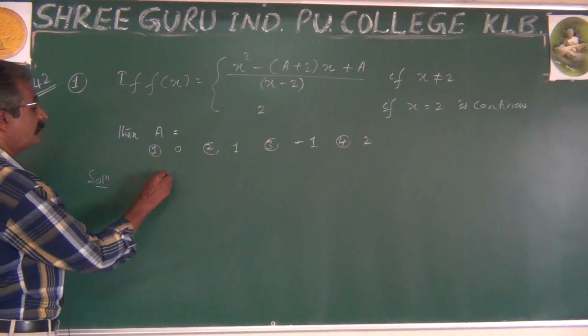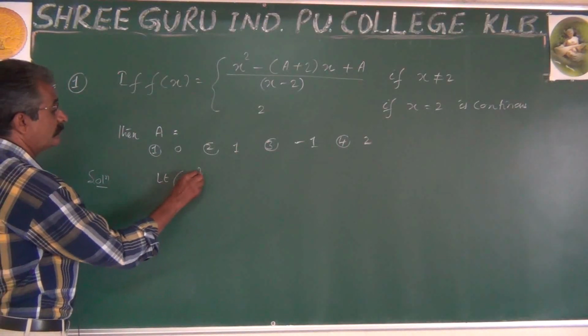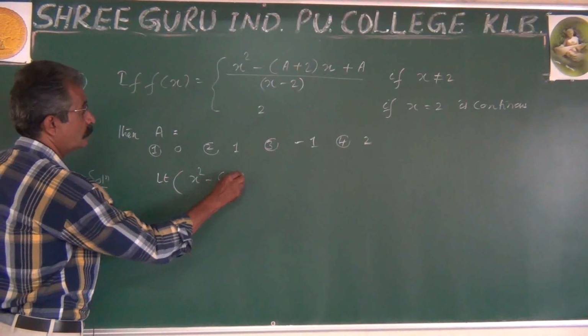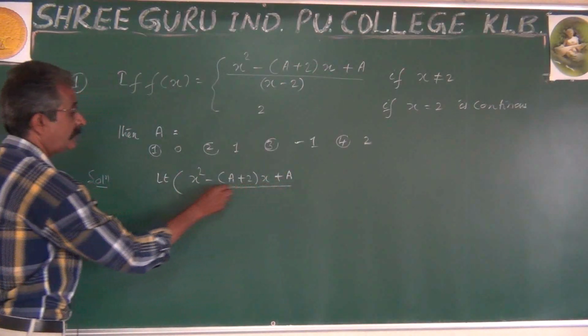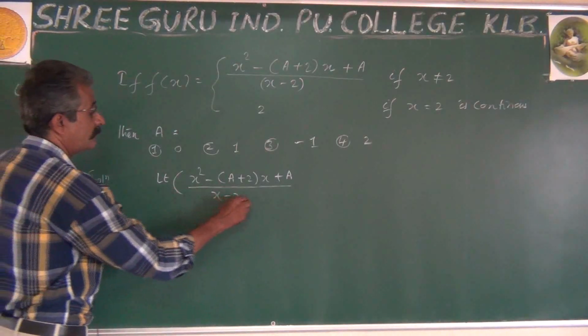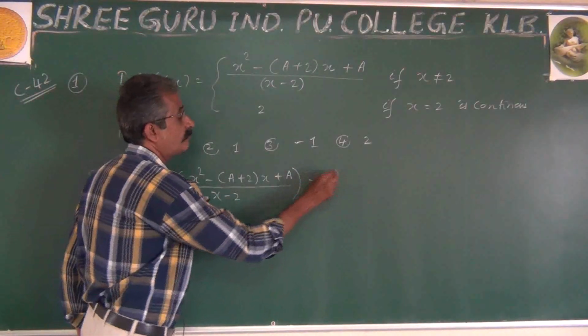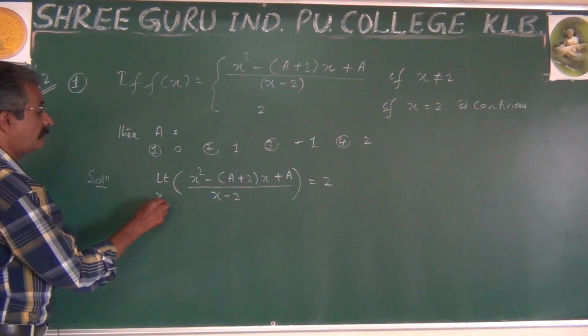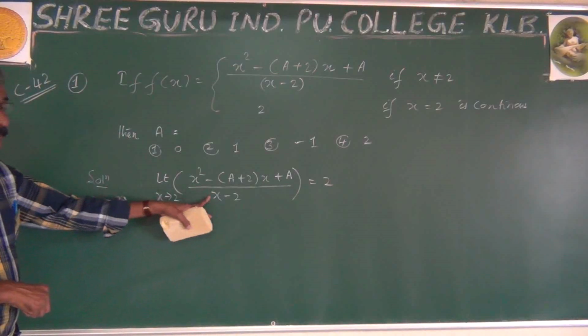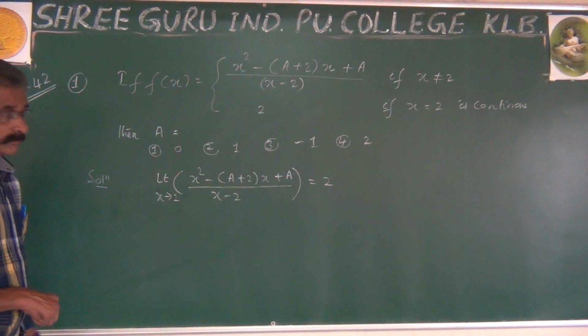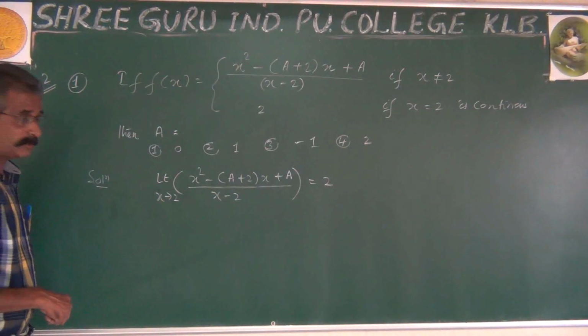Means limit of (x square minus (a plus 2) x plus a) divided by (x minus 2) as x tends to 2 is equal to f of 2, which is 2. And because x tending to 2 gives 0 by 0, we shall apply L'Hospital rule.